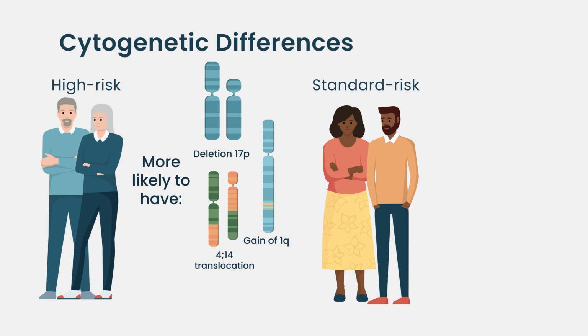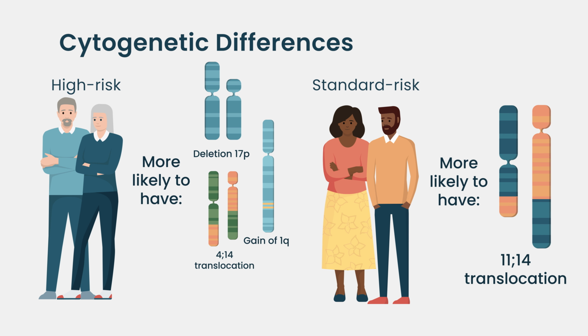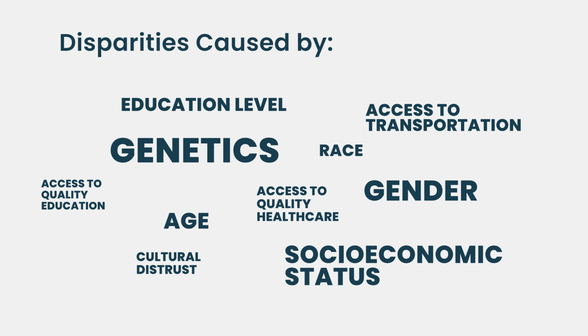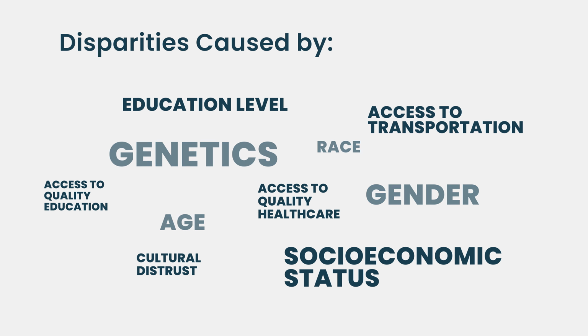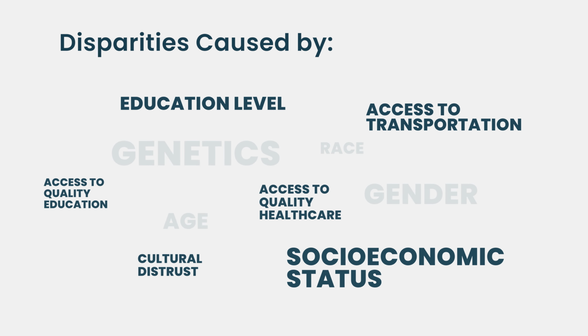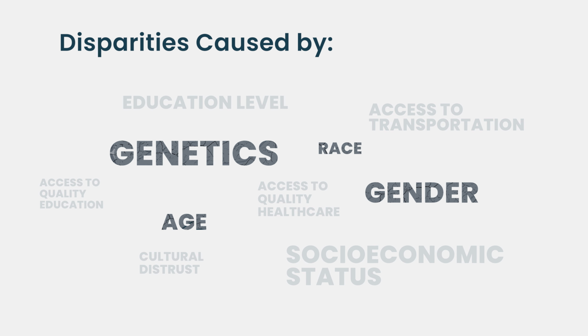And Black patients, or patients of high African ancestry, which is what the study showed, are more likely to have the 11;14 translocation, which is the target for the drug venetoclax, than Caucasian patients. But all those things make the playing field a bit unequal. Some of those are things that we can hopefully change in the future. Some of those things are hardwired.